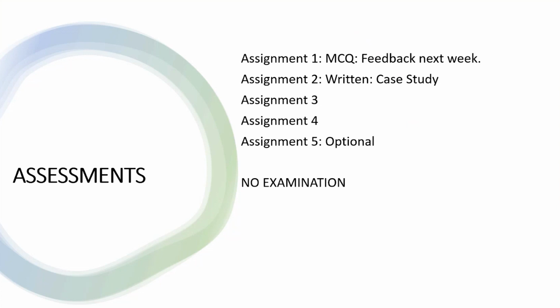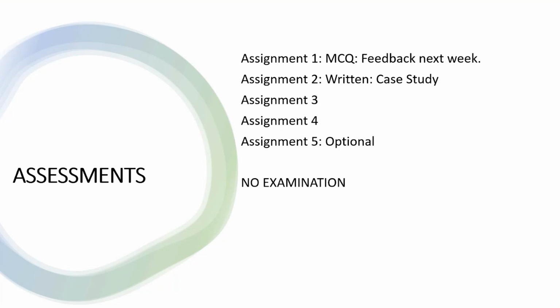If you feel that you haven't performed as you wished, for example, in assignment 2, you were aiming for 80%, but unfortunately, you got 65%, and you feel that this is not the mark that you deserve, then you can complete assignment 5, which will substitute the mark that you got in assignment 2, meaning that we are not going to consider assignment 2, we will instead consider assignment 5.